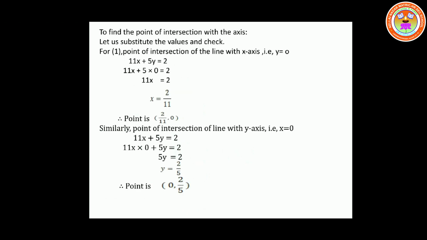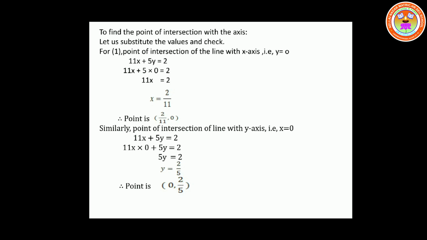Next, we have to find the point of intersection with the axis. Okay, so now let us substitute the values and check. For equation 1, the point of intersection of the line with the axis, that is y is equal to 0. So if it is intersecting the x-axis, y will be 0. Therefore 11x plus 5y is equal to 2.